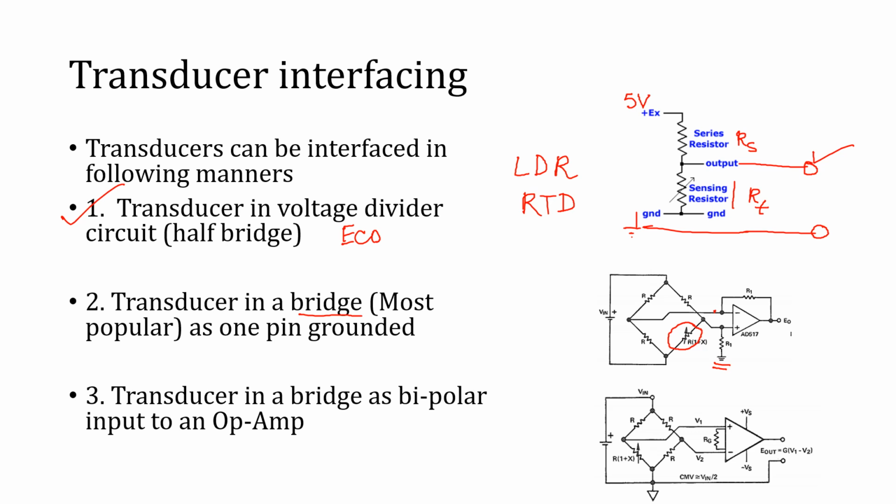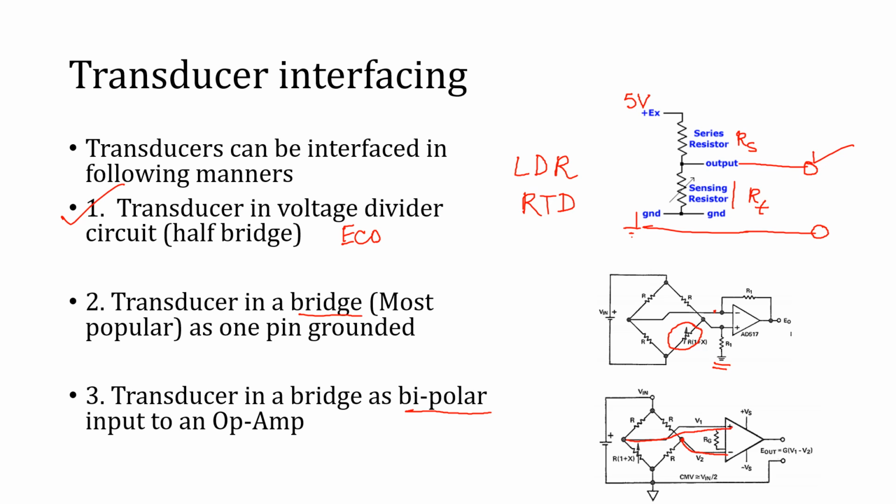Now coming to the third option. Here you have to look carefully: we are going to connect the output of the bridge as bipolar input to the instrumentation amplifier. Now what is bipolar input? It means the two output pins coming from the bridge are directly fed to the op-amp or instrumentation amplifier.